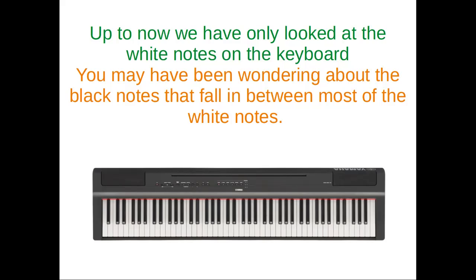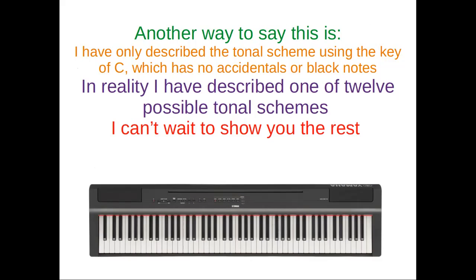So if you're wondering where middle C is, that's it. 2 black notes together, just to the left of it, middle C. There you go. Another way to say this, what we've learned so far, just the white notes, is to say, I've only described the tonal scheme using the key of C, which has no accidentals, or looking at the keyboard, we could say it has no black notes.